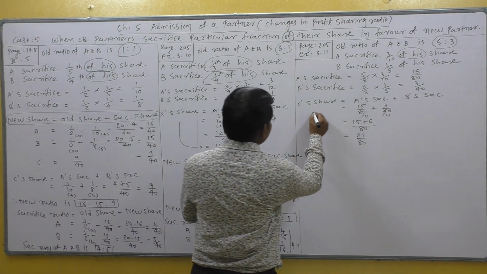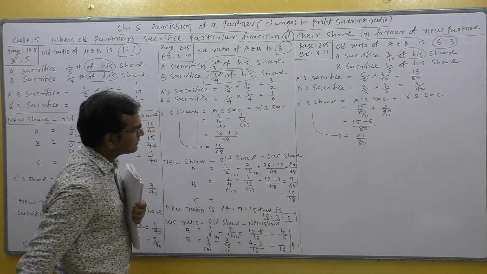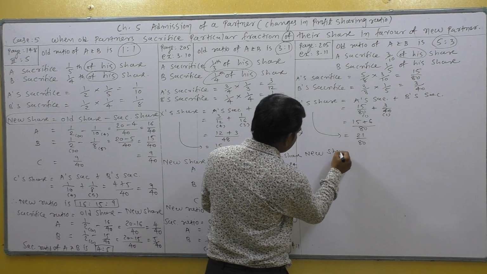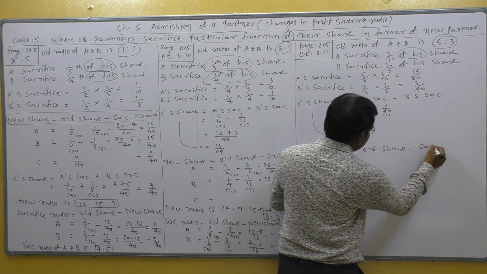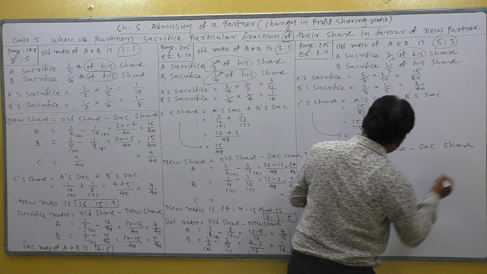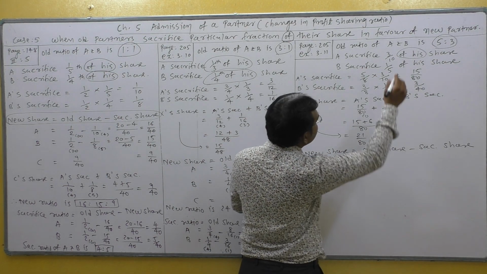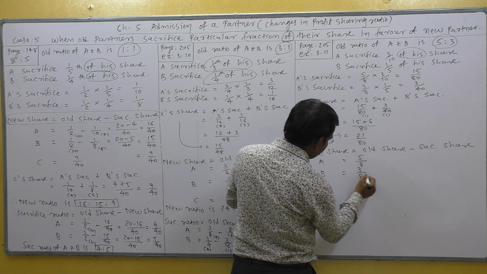Now our example becomes very simple. The mathematical formula of new share: new share is equal to old share minus sacrifice share. A and B are old partners and their old shares are given above, 5 is to 3, 5 by 8, 3 by 8, right?